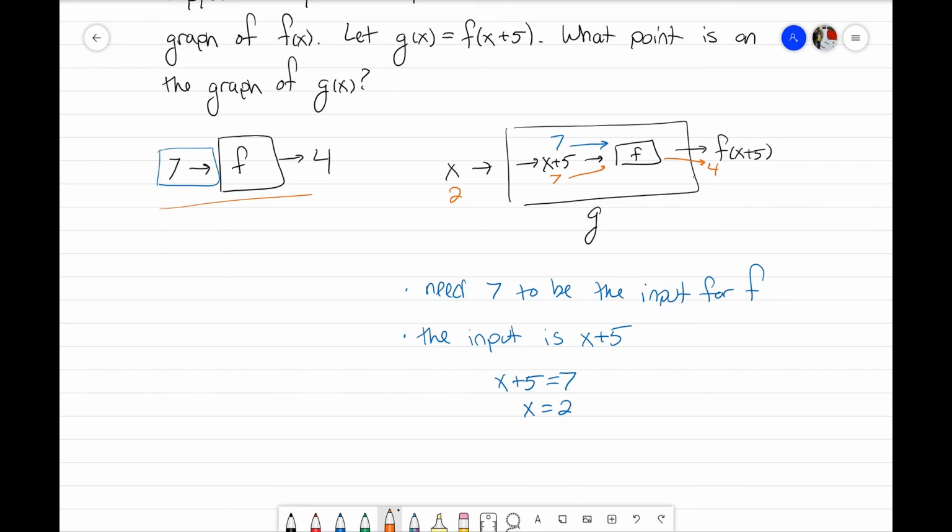In other words, if I just look at what's going on outside the machine, we see we input 2, and we got an output of 4. And so the answer to this one is that (2, 4) is on the graph of g of x.